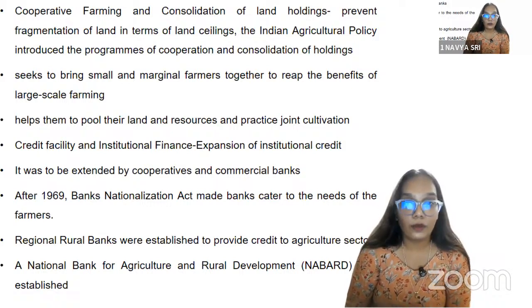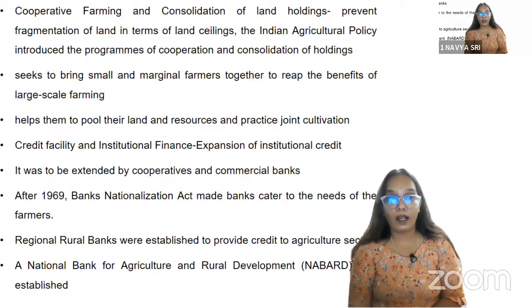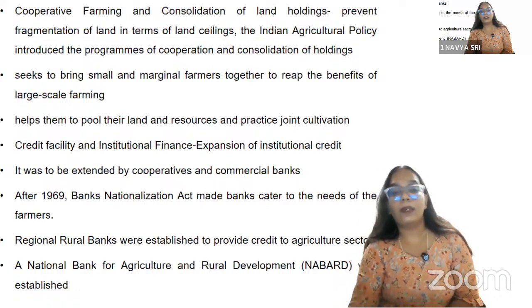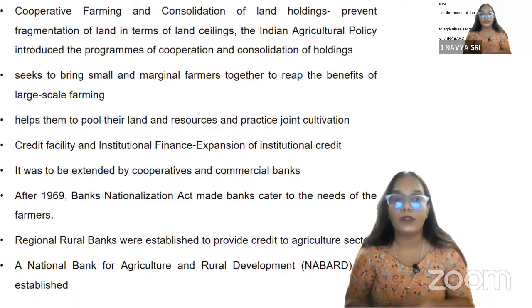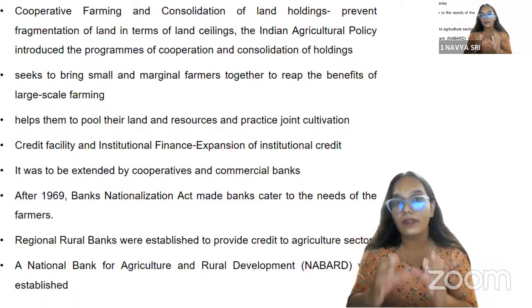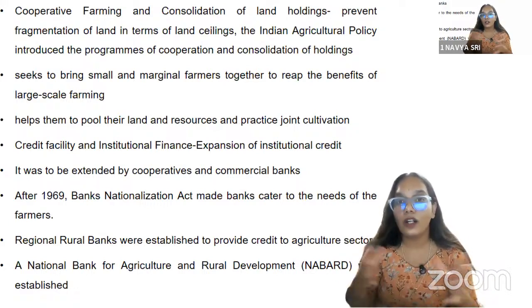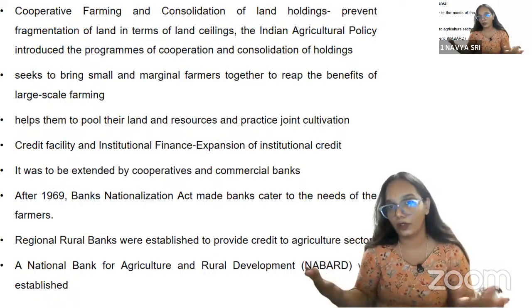The next one, what happens is this is meant to bring the small and marginal farmers to reap the benefits of larger scale farming. So in cooperative farming, suppose there are small pockets of land among 5 or 10 farmers, which is very small, where they could not use the machinery that was intended to be used in order to have a greater produce.